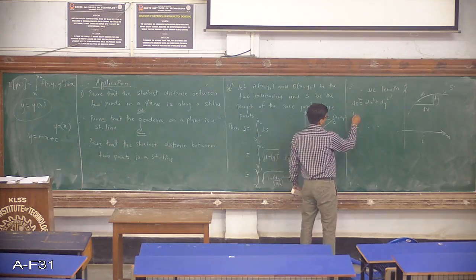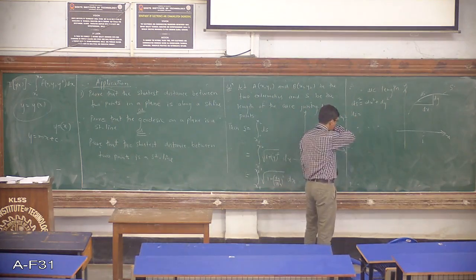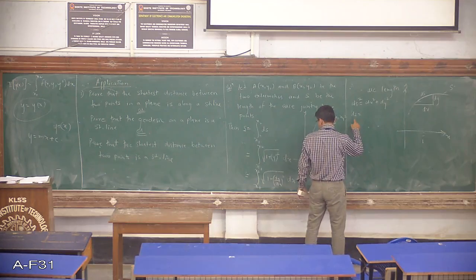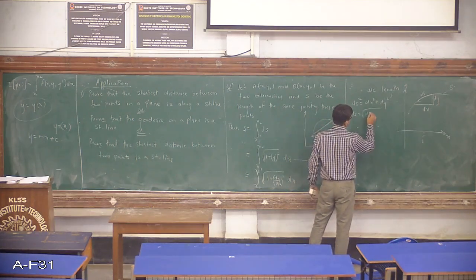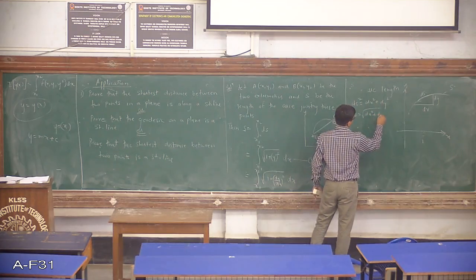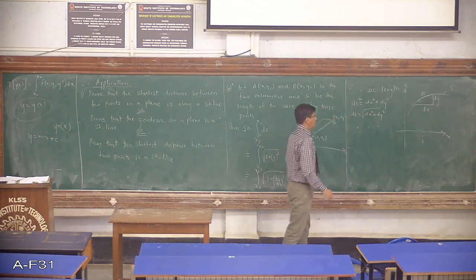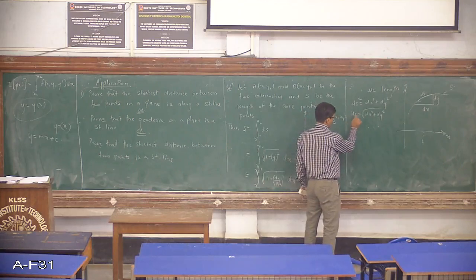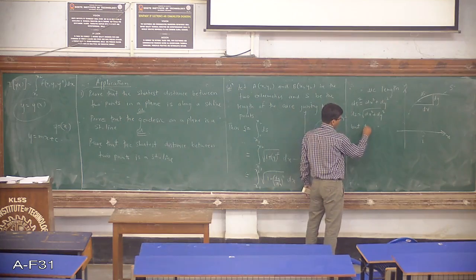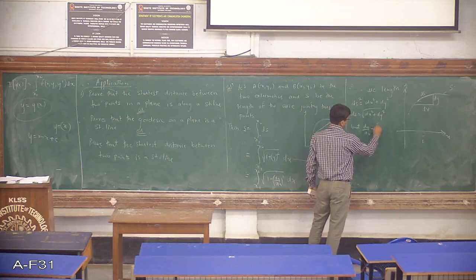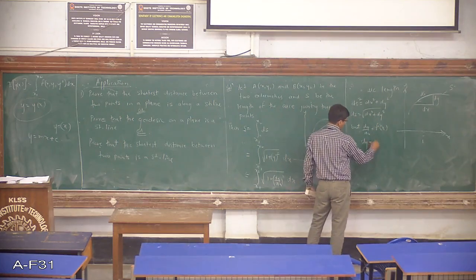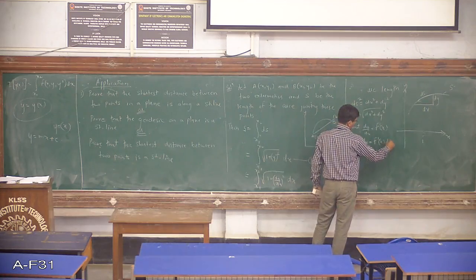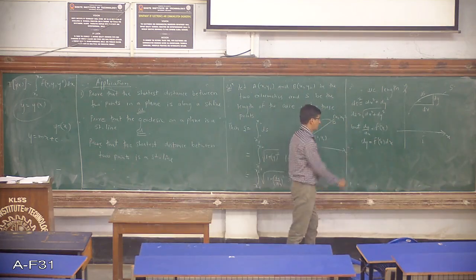So ds is equal to square root of dx square plus dy square. Fine. Now also we know that the slope dy by dx is nothing but f dash of x. So dy is equal to f dash of x into dx, I can write it in this manner.